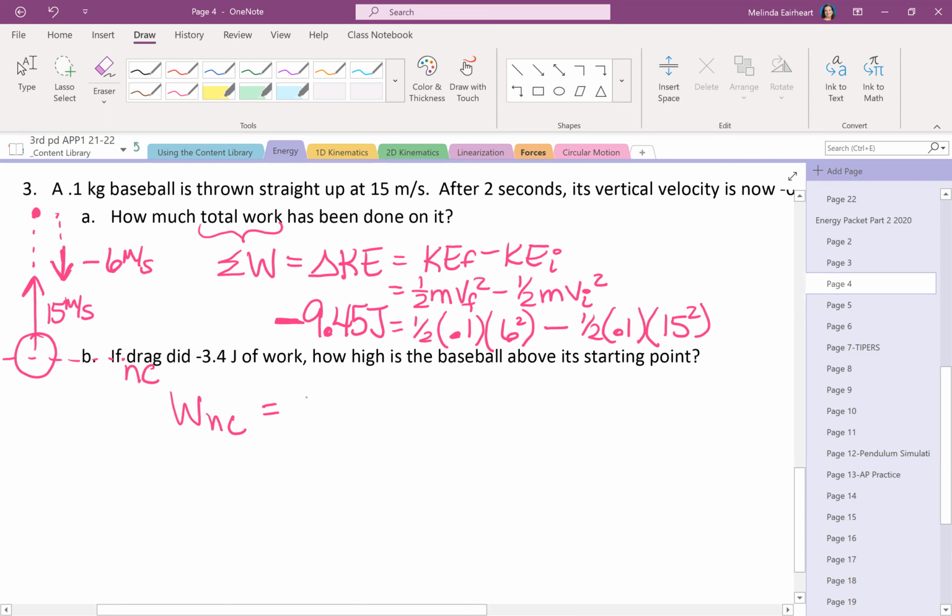What kind of energy changes because of non-conservative works? Say it one more time. Mechanical energy. Okay. Or you could do a net work approach. So side note, you could do net work equals work done by conservative plus non-conservative.